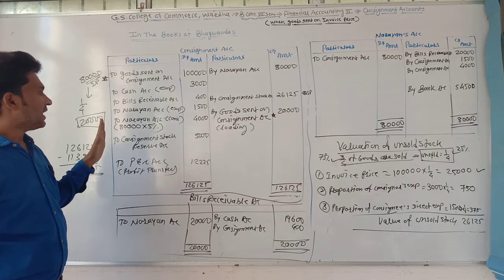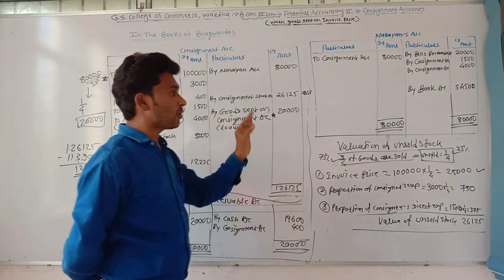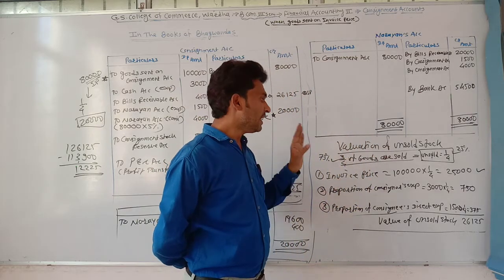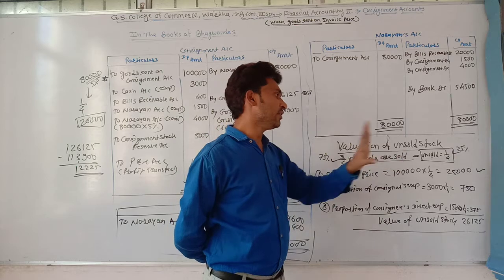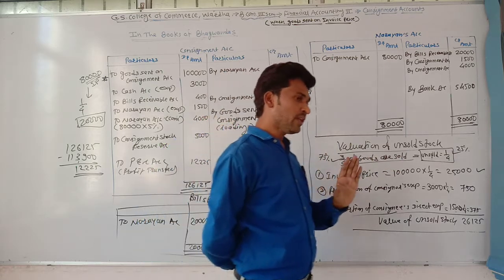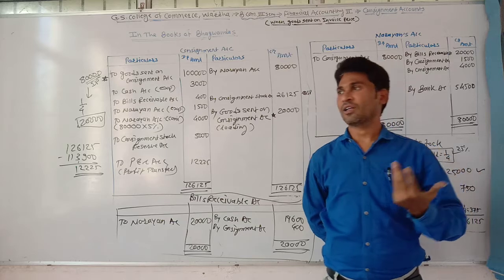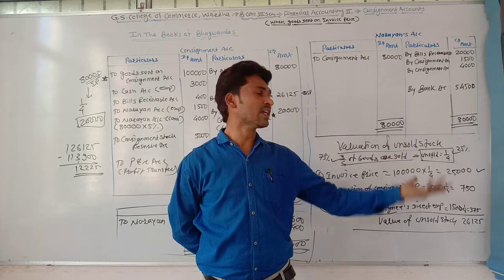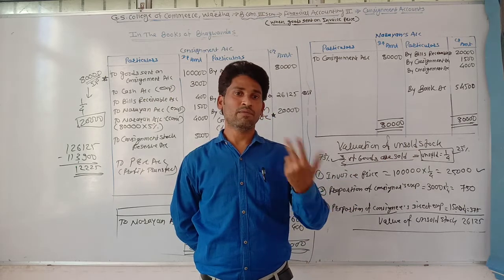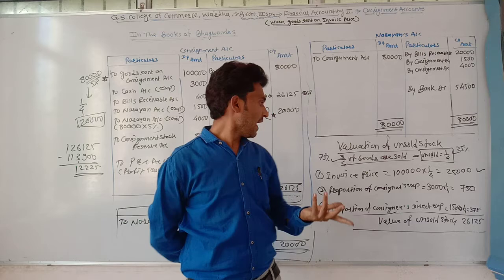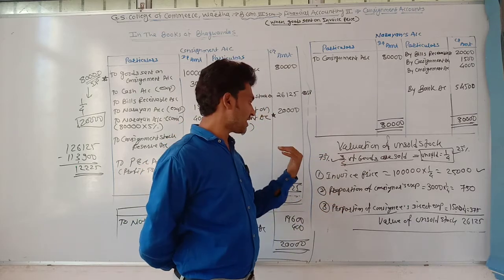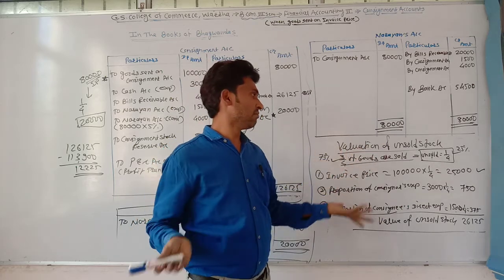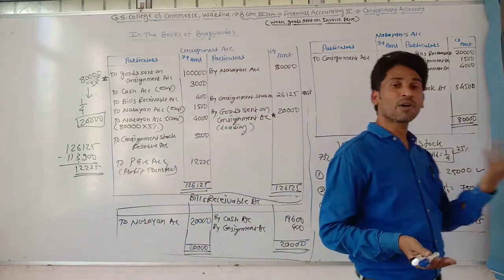Okay, and at the time of valuation of unsold stock, it also evaluates the unsold stock at the invoice price, because when the consignee asks the consignor how much goods the consignee has as balance, the amount is always the same, but if the calculation is made as per the cost price, the value will change and create some confusion.